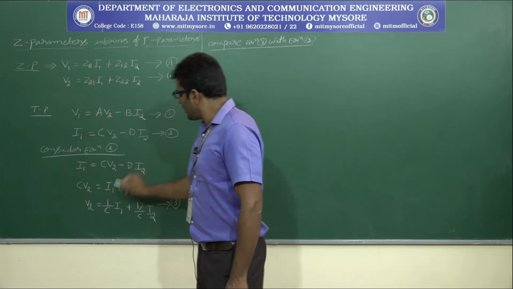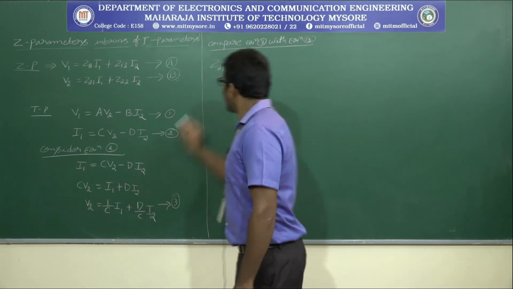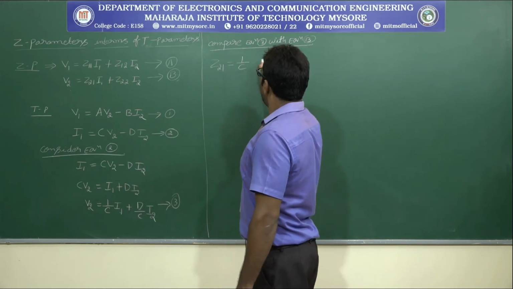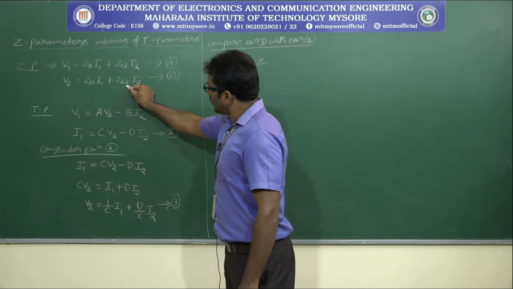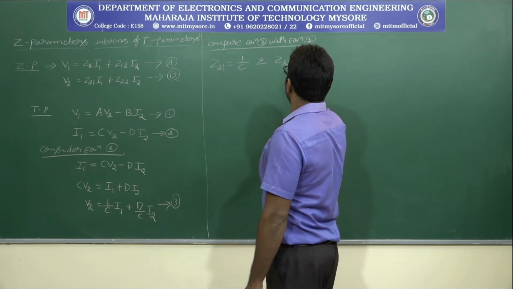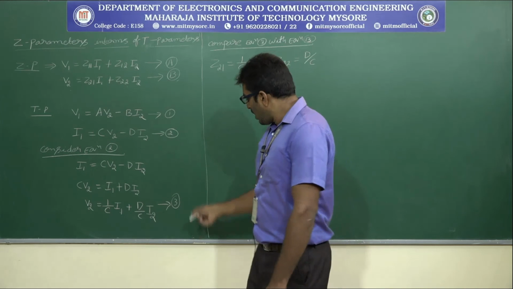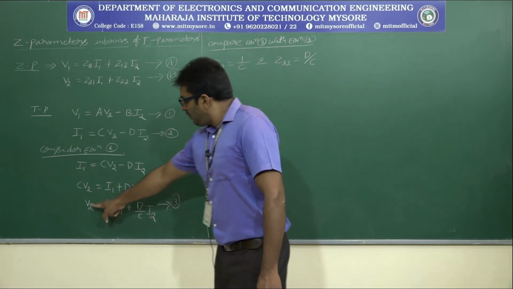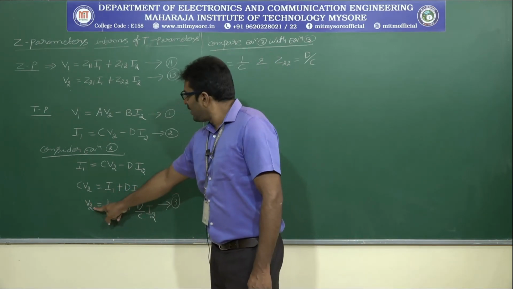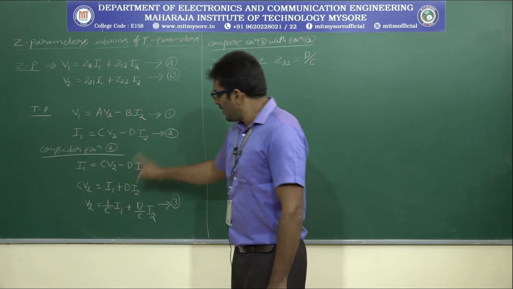Therefore, Z21 is equal to 1 by C, and Z22 is equal to D by C. Is it clear?